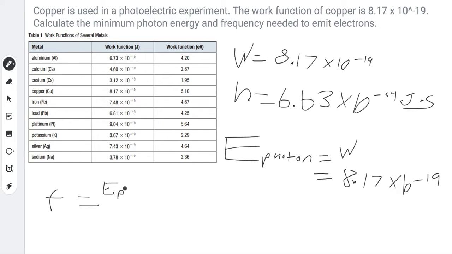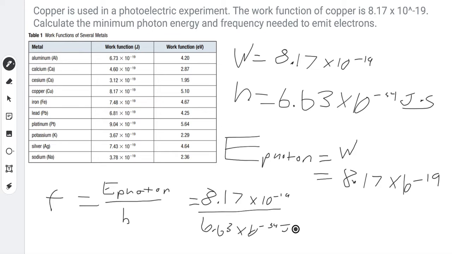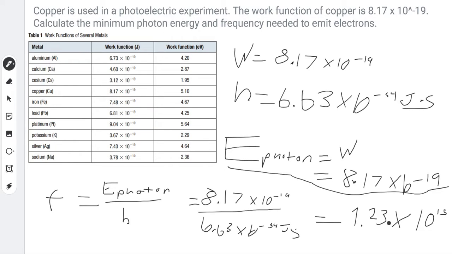The value of the energy of the photon is 8.17 times 10 to the power of negative 19, and we divide that by Planck's constant, which is 6.63 times 10 to the power of negative 34 joule seconds. And we calculate that and we get 1.23, to 2 decimal places, times 10 to the power of 15.